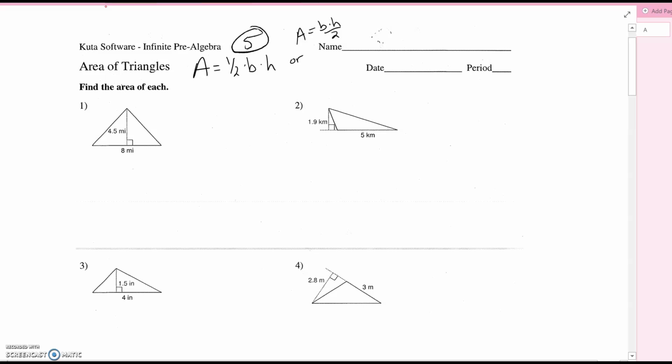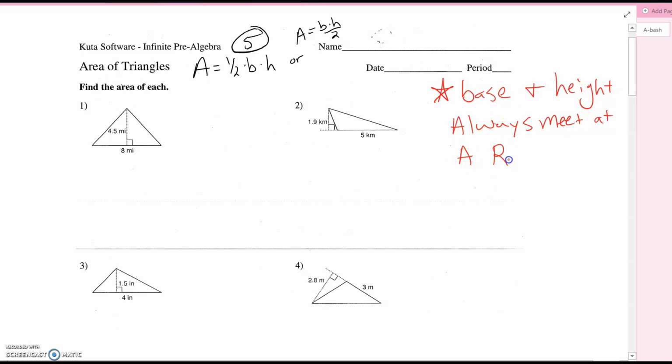If you could put a star somewhere, and so this is page 5. The base and height always meet at a right angle.